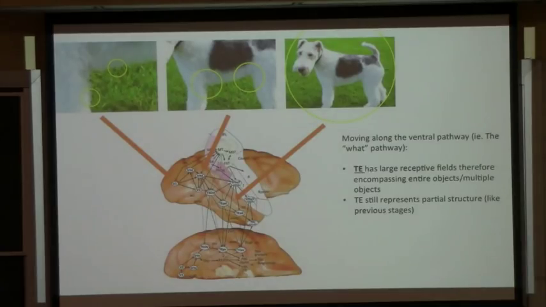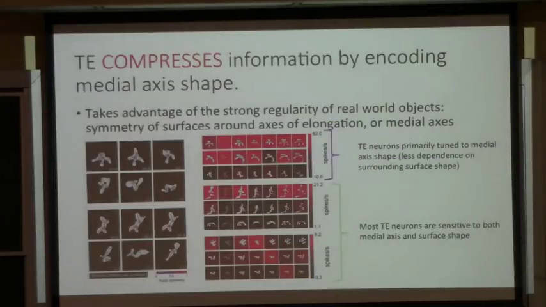Moving forward, he again shows this dog picture, showing the scope of the receptive field increasing and what is being encompassed. So moving from V4, the next area is the TE, which has a large receptive field and therefore encompasses entire objects or multiple objects. And the TE, again, this is very important, compresses information by encoding medial axis shape.